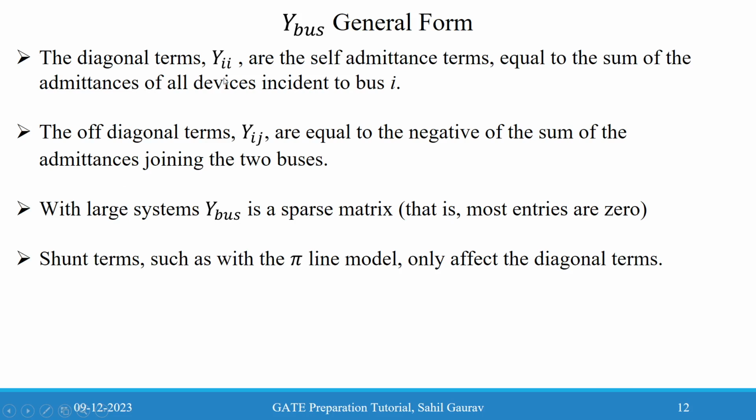The diagonal terms Yii are the self-admittance terms, that is equal to the sum of the admittance of all devices incident to bus i. And the off-diagonal terms Yij are equal to the negative of the sum of the admittance joining the two buses.